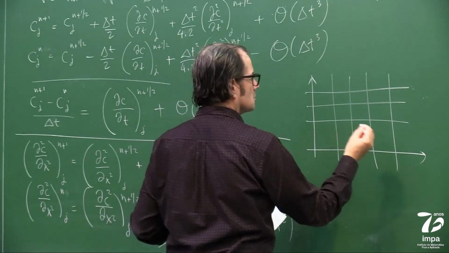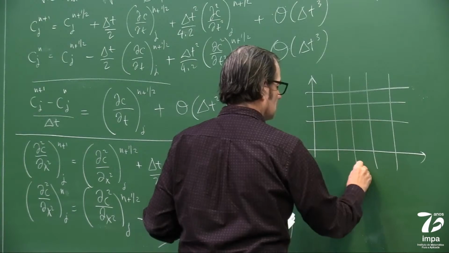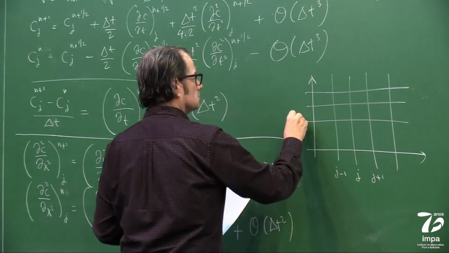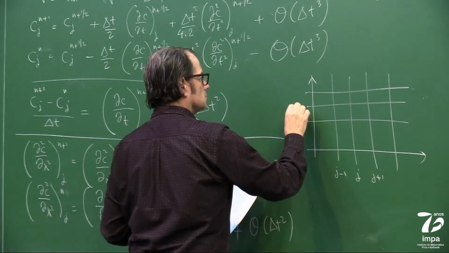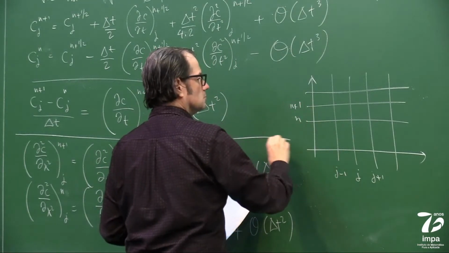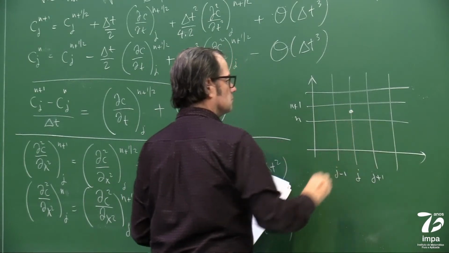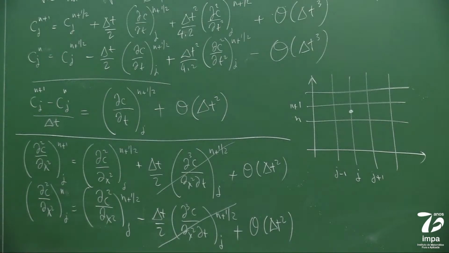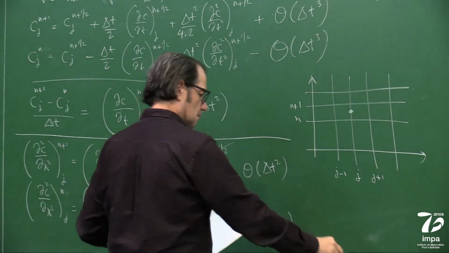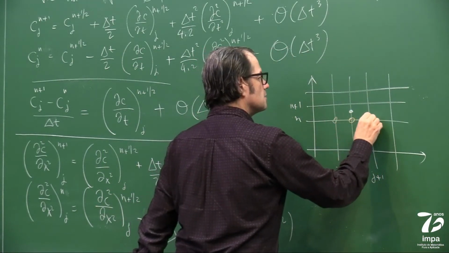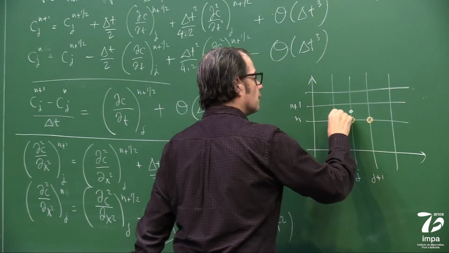Okay, so this is J. Basically, this is my molecule for Crank-Nicholson.